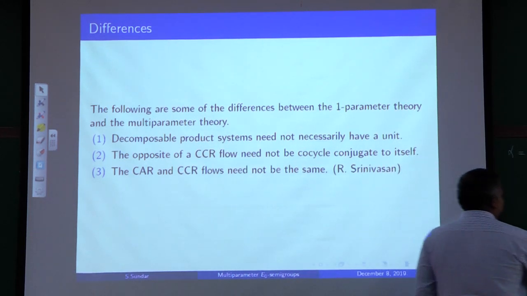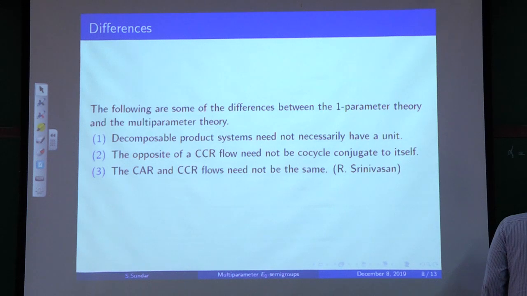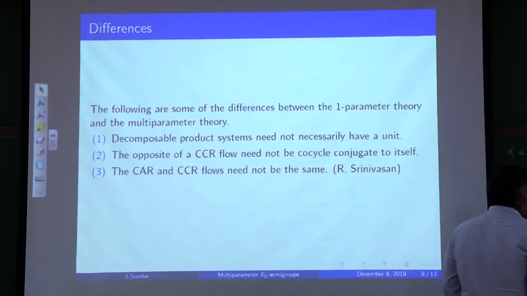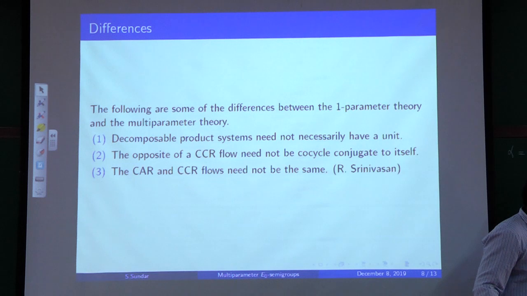You can define the opposite. You keep the Hilbert spaces as such, but change the product. Of course, this product should be an associative product. You define S dot T to be TS. Because T is in E_y, S is in E_x, TS will again be in E_{x+y}. So this is the opposite of the product system.